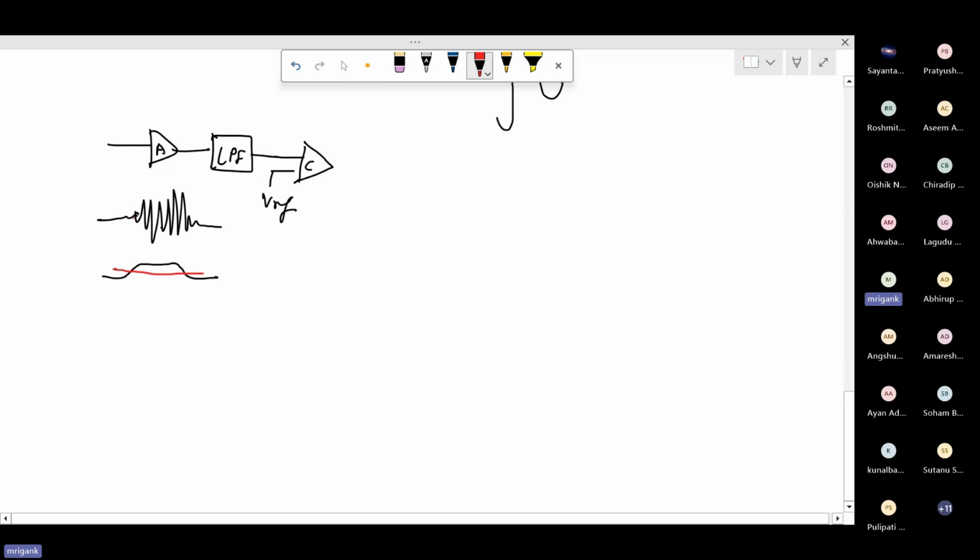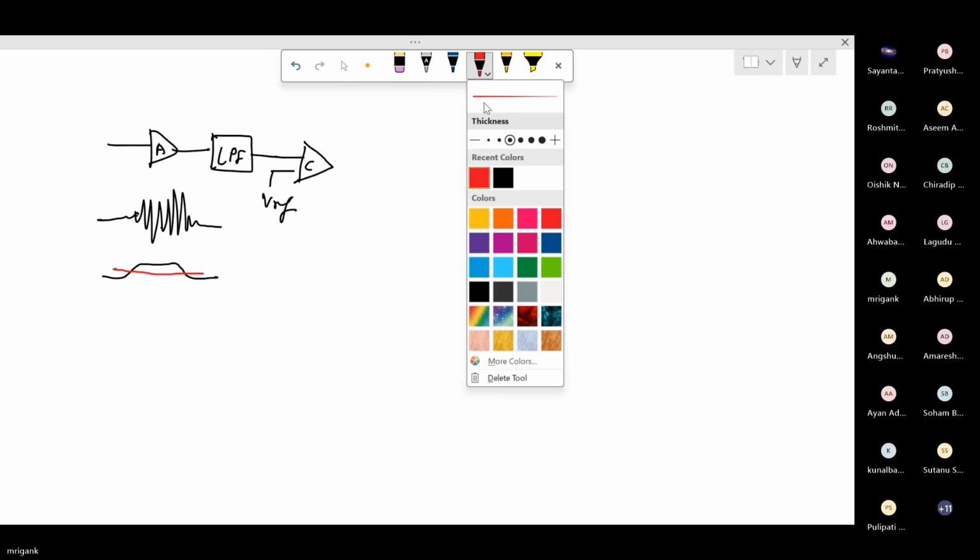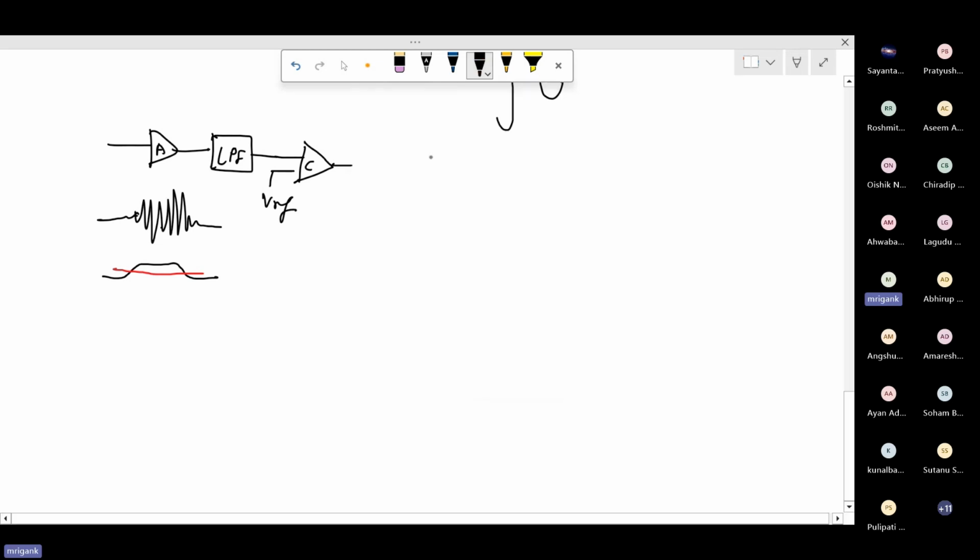Ultimately, it is trying to detect the amplitude, the overall envelope of this signal. Now, after this comparator, what do you need? You just need to see how long the comparator output stays high. You don't need to count the pulses.